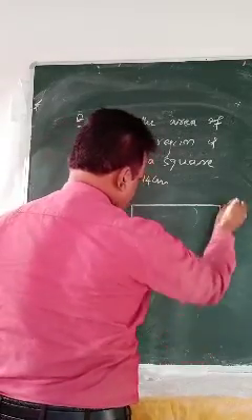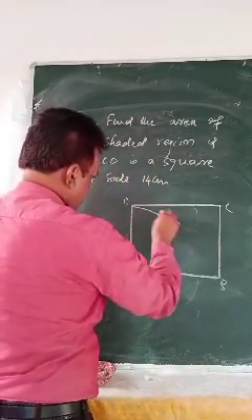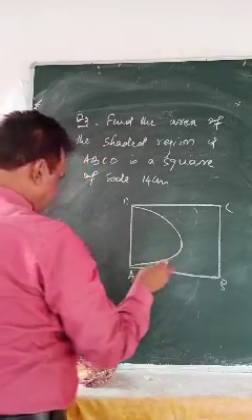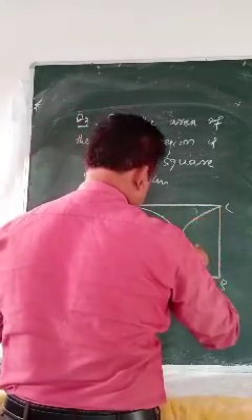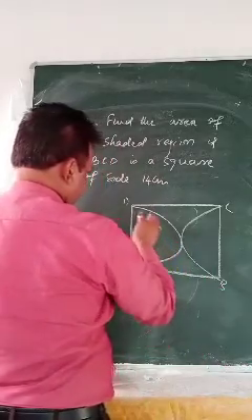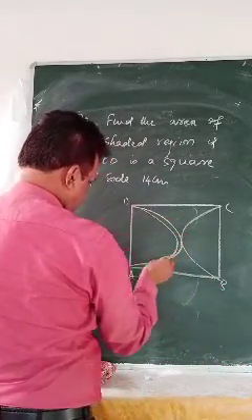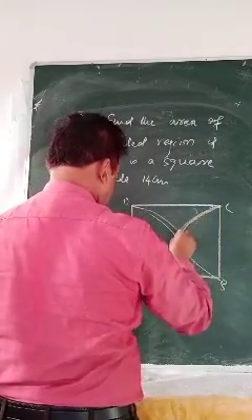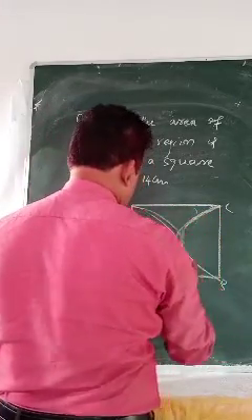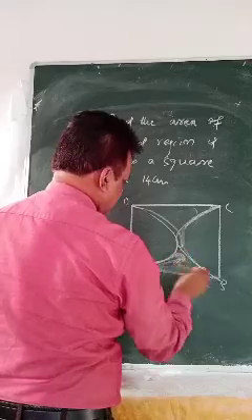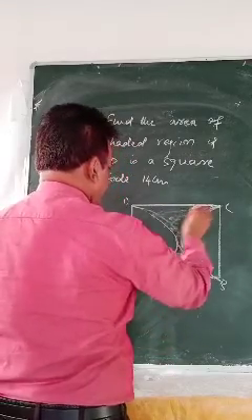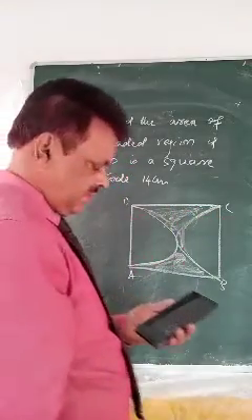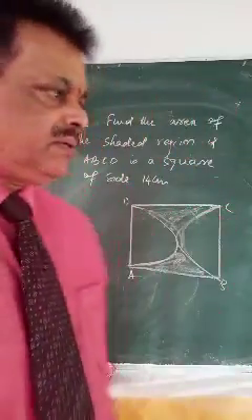A, B, C, D. This is a semicircle, this is another semicircle. You are asked to find this one. How to find? Tell me what to do.